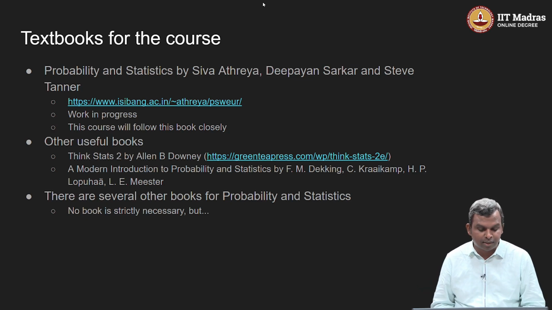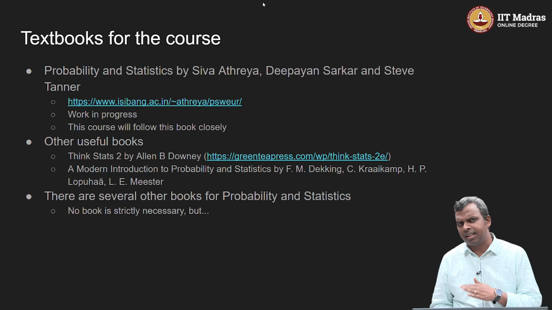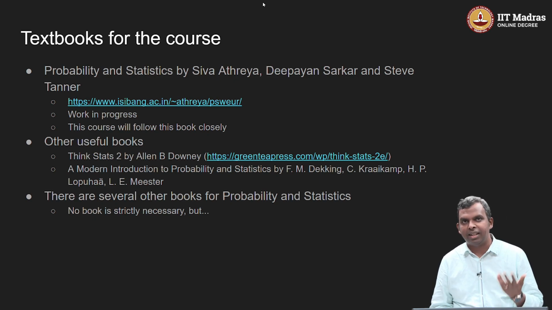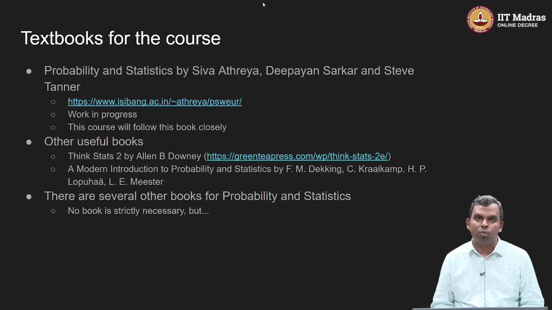Now the third book is a little bit more theoretical, A Modern Introduction to Probability and Statistics, and it's a little bit more expensive. So if you want more ideas in this area, you can use it as a reference. When you want to look at other related ideas, more details, you can look at that book. In fact, there are so many books.